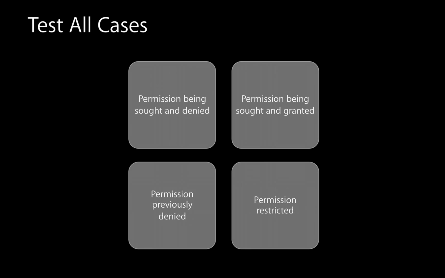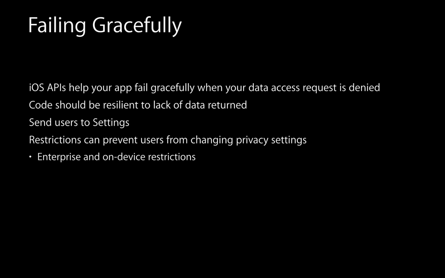I'd like to talk a little bit about permission restricted, as that's a special, interesting case. Restrictions can prevent your users from changing their privacy settings even if they want to. For example, enterprise restrictions or on-device restrictions can prevent the user from changing their privacy settings.